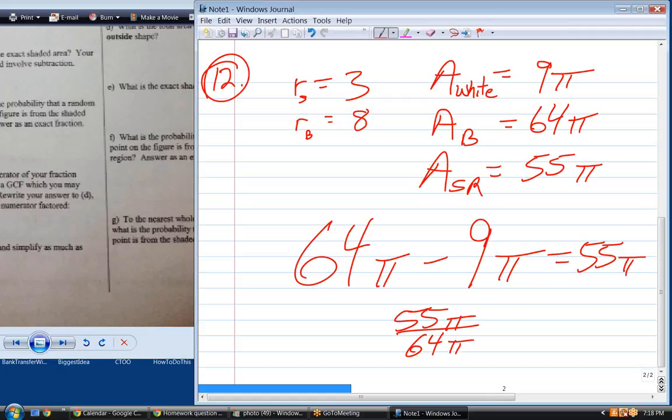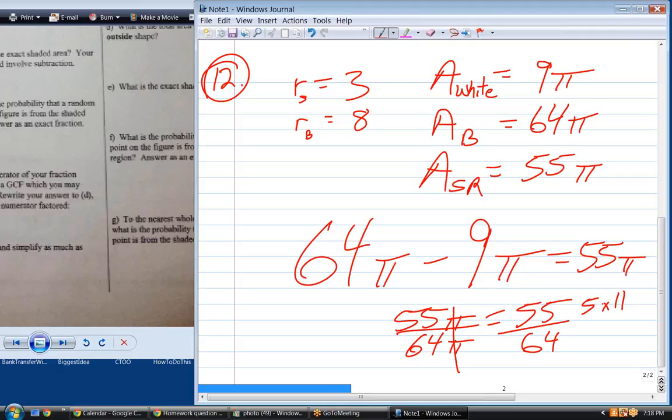What can I do with the pi's? Cancel them out. Okay. So now we have 55/64, and the only thing we have to determine is whether that's simplified. Is there any number that divides into both of those numbers? No, there is not. The factors of 55 are 5 times 11, and both of those are prime.